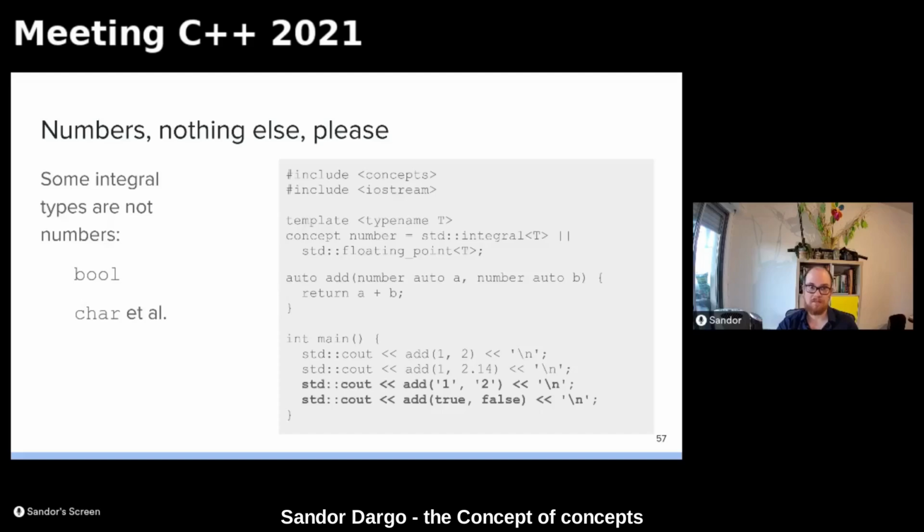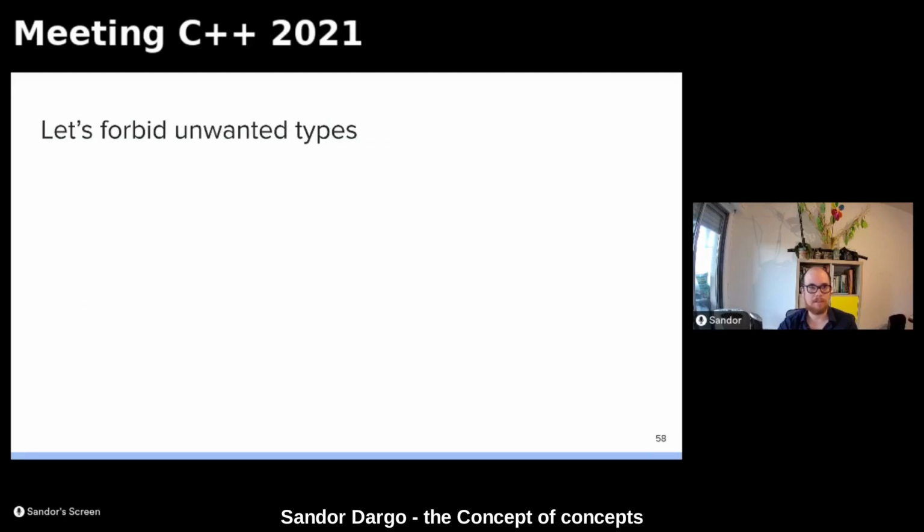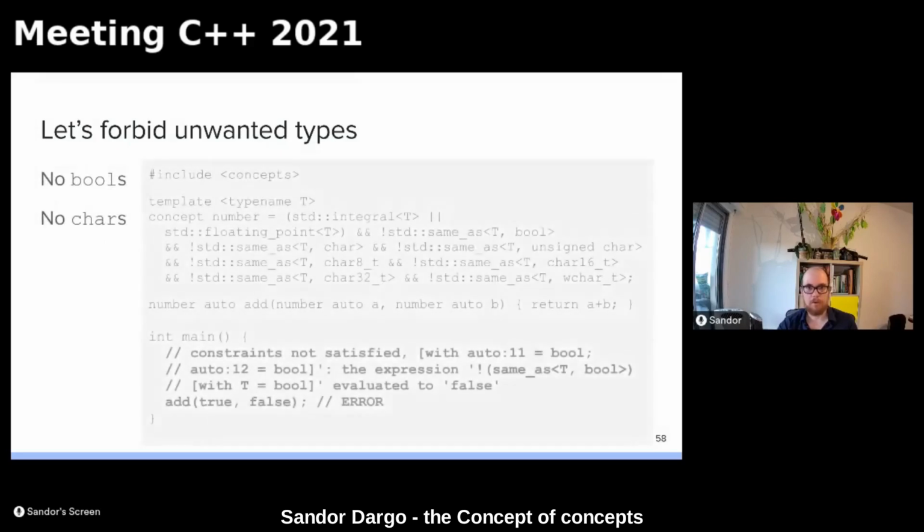And when you use the concept number, its semantics really doesn't communicate that you want to accept characters and Booleans. So we can forbid the unwanted types. No bools, no characters, which means that we keep our concept number as a basis for the new concept, and we add some new requirements.